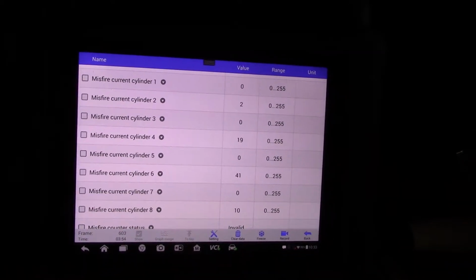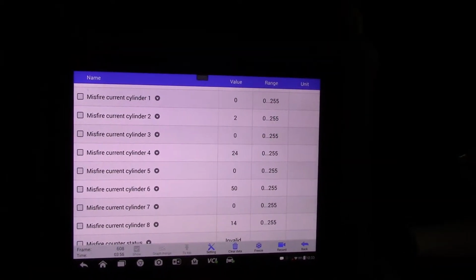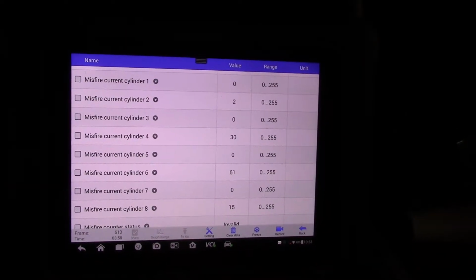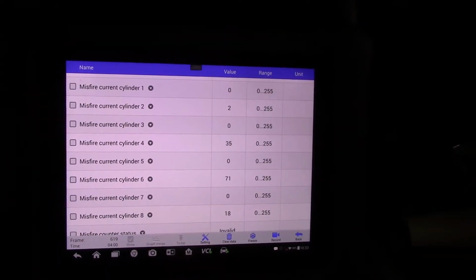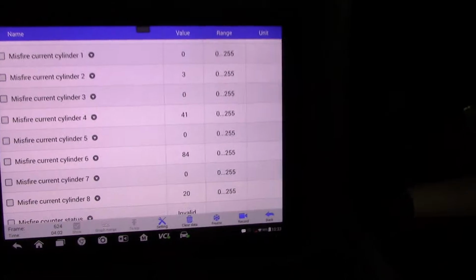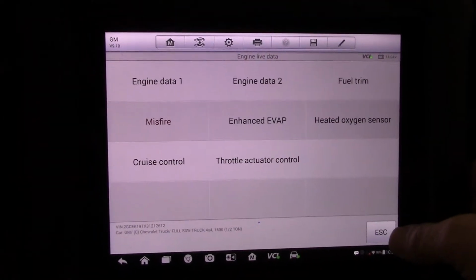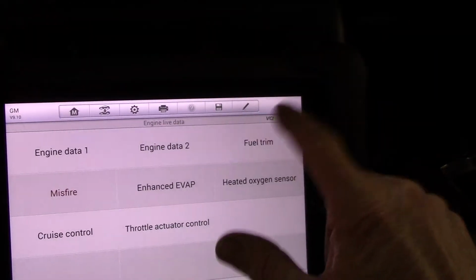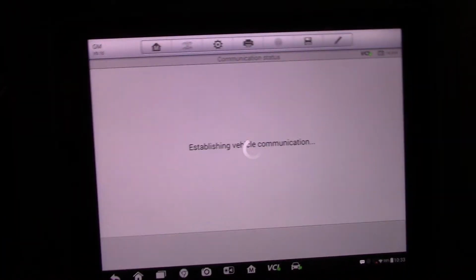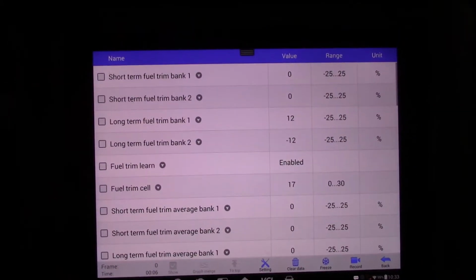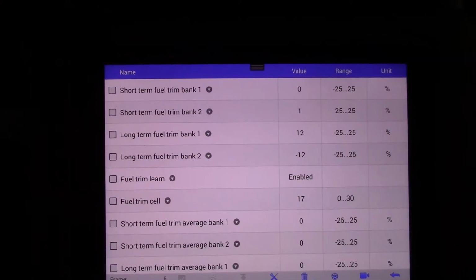Can't really tell what's going on with spark for sure, but I can see what's going on pretty well with fuel, and that is by looking at fuel trim. So I'm going to back up again on the scan tool, and I'm going to go into our fuel trim data list, and we're going to make some observations here with fuel trim.